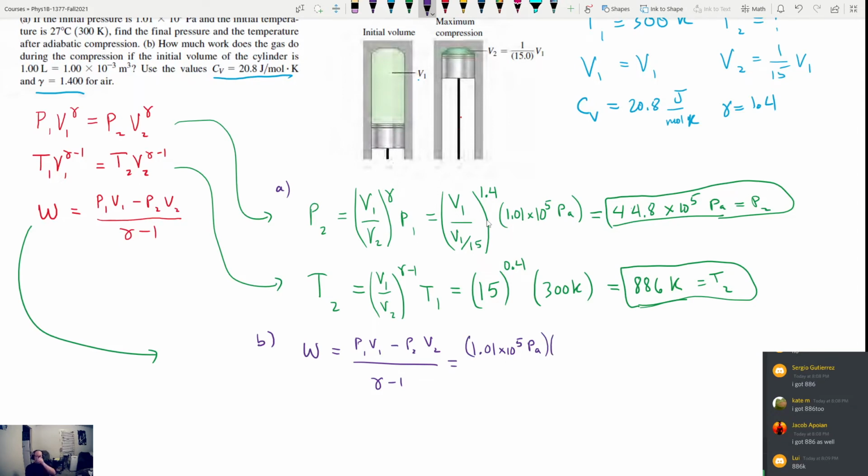We're saying it's now 1 liter, or 0.001 meters cubed, minus P2. P2 was 44.8 times 10 to the 5 pascals. We have to multiply by V2, which is 1 over 15 V1. So that's 0.001 meters cubed divided by 15.